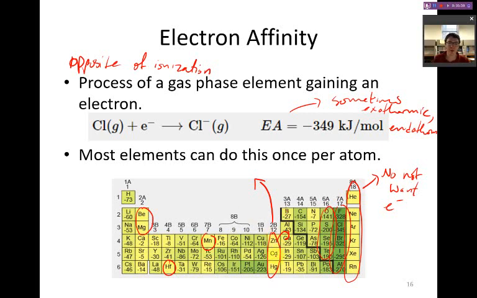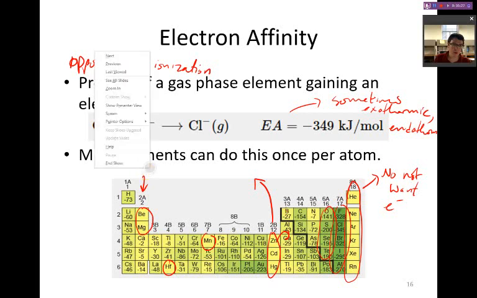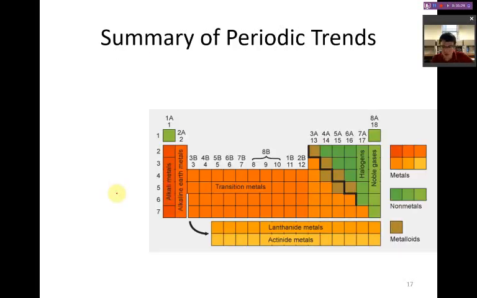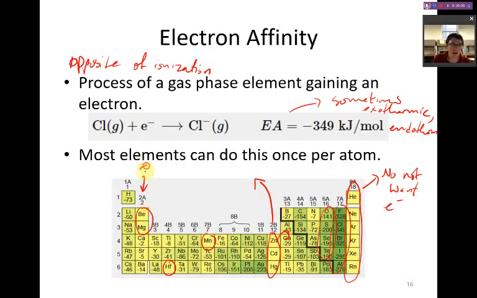These are very stable elements. You'll also notice that the elements which have a completed subshell, an ns2 configuration where they have a completed s subshell, are more stable.